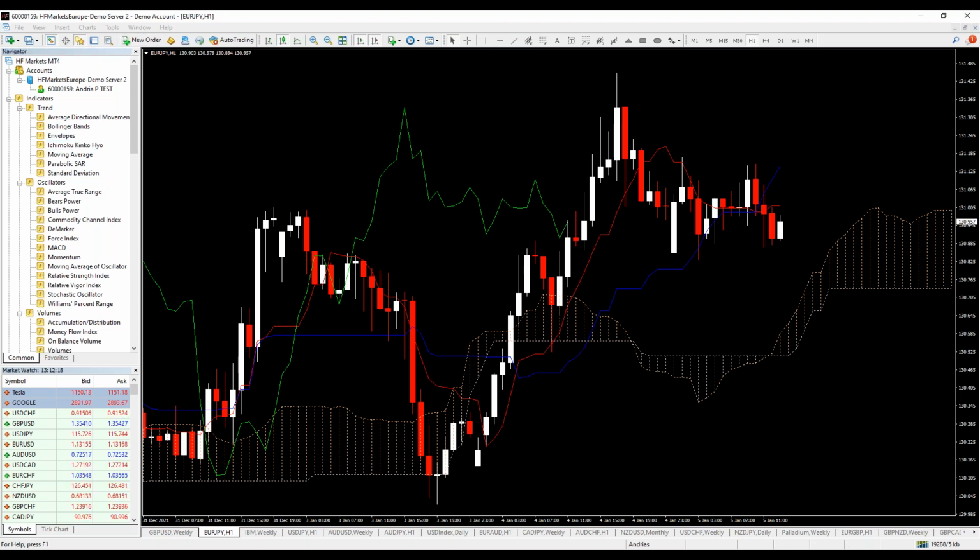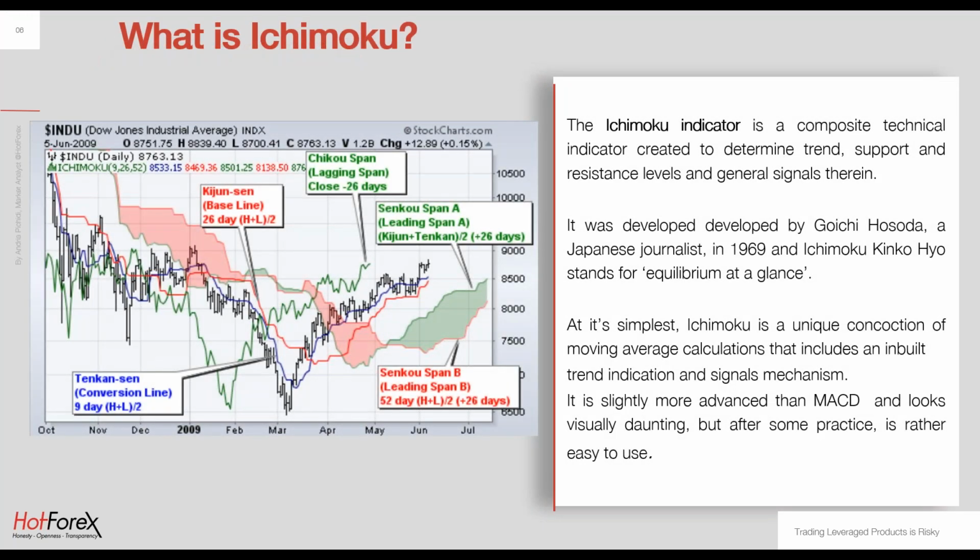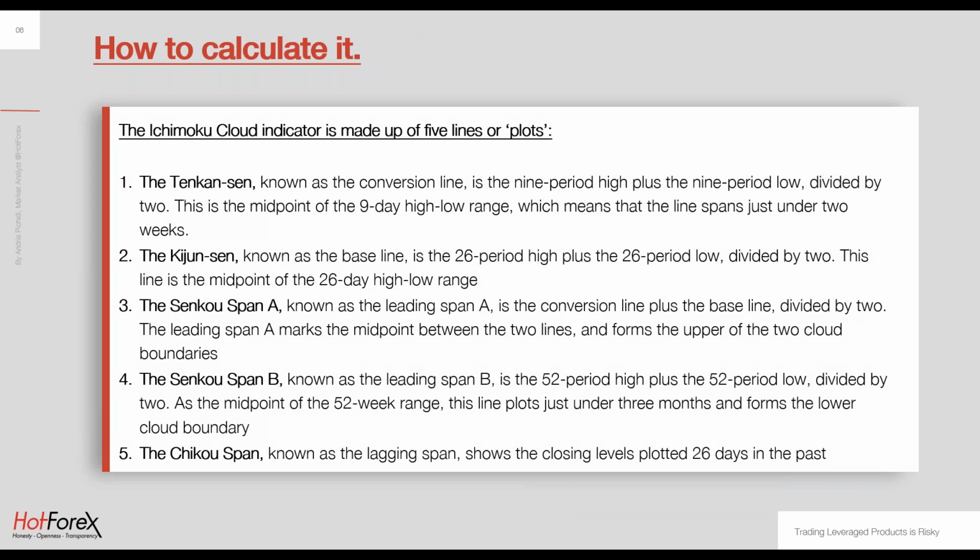The Tenkan-sen is the conversion line. This line is calculated by summing up the 9-period high plus the 9-period low and dividing by 2.